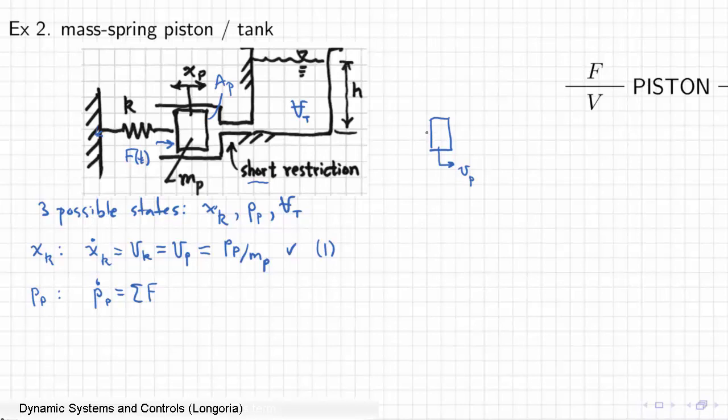We can say that for that motion, the spring is going to cause a force pulling back against it. Over here we're going to have a force that's due to the piston acting on it, so I'm going to call it F sub P. We know that that's equal to the area of the piston times some pressure at this point, right?